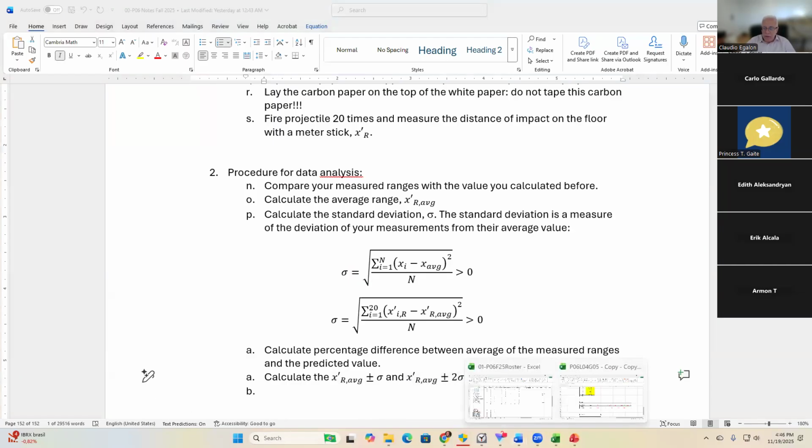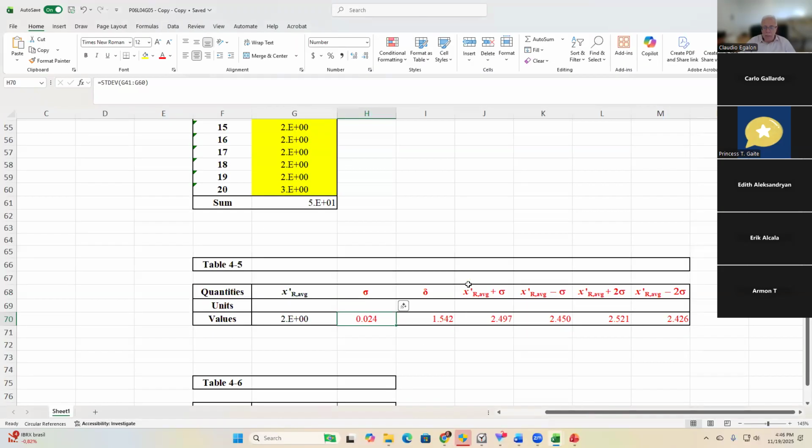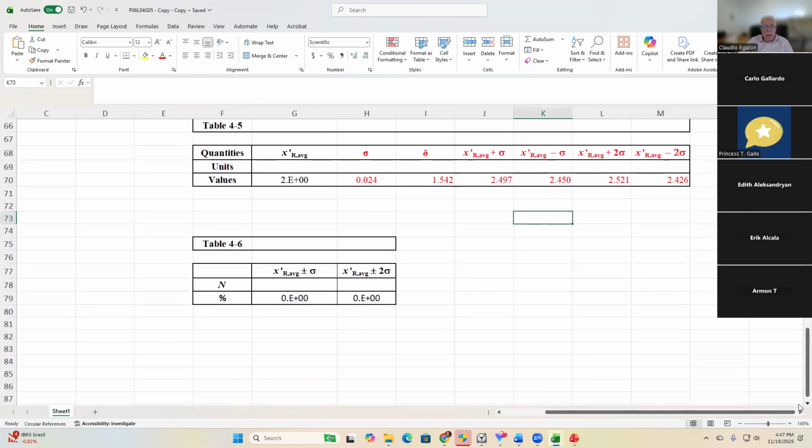That's what we have in this other table. See, plus and minus, plus and minus. And there is a statistical interpretation for those values.